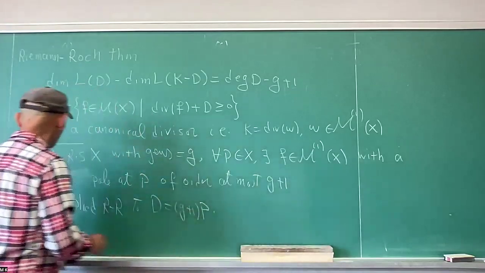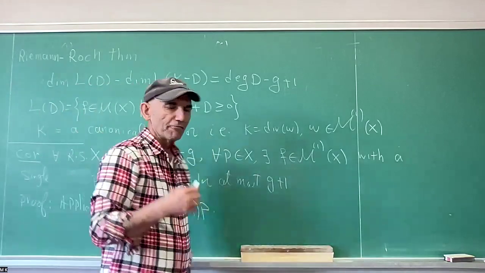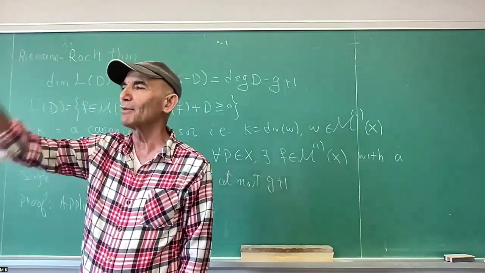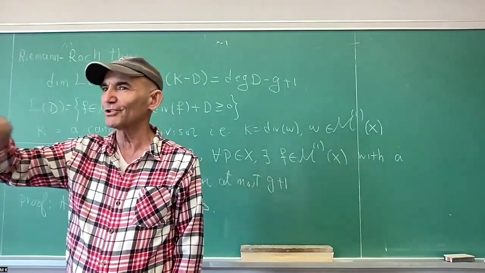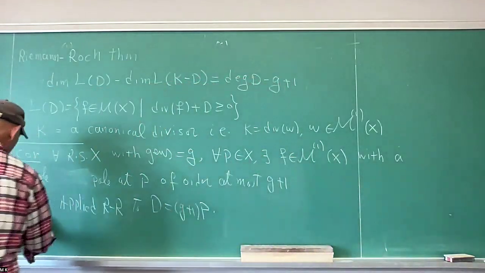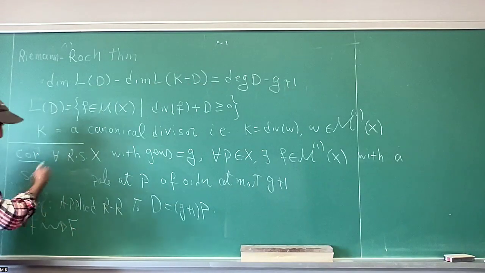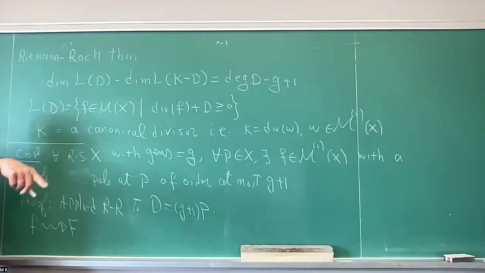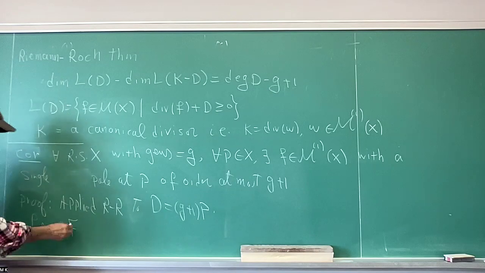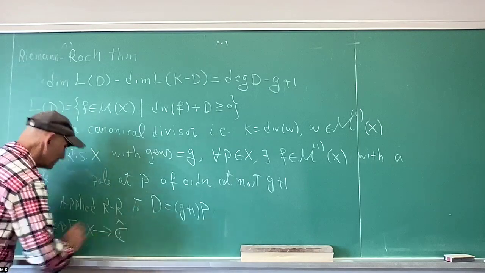Now, you can consider this F also as defining a map from your Riemann surface to the Riemann sphere, because meromorphic functions are exactly those maps. So we just interpret points at infinity as points on C hat. So it gives us this map F from X to C hat.